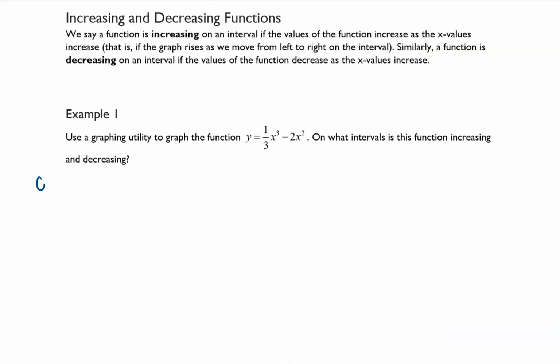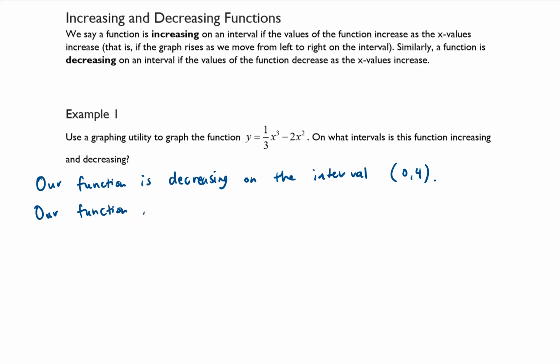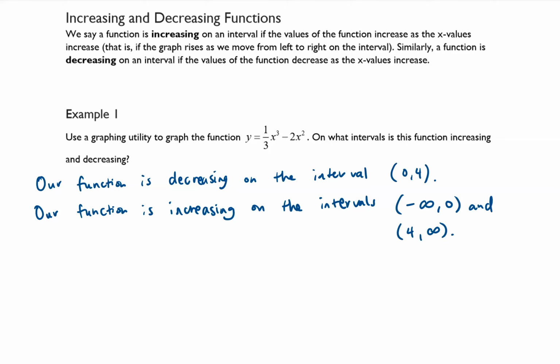So we want to say our function is decreasing on the interval 0 to 4, and then we'd say our function is increasing on the intervals negative infinity to 0 and 4 to positive infinity.